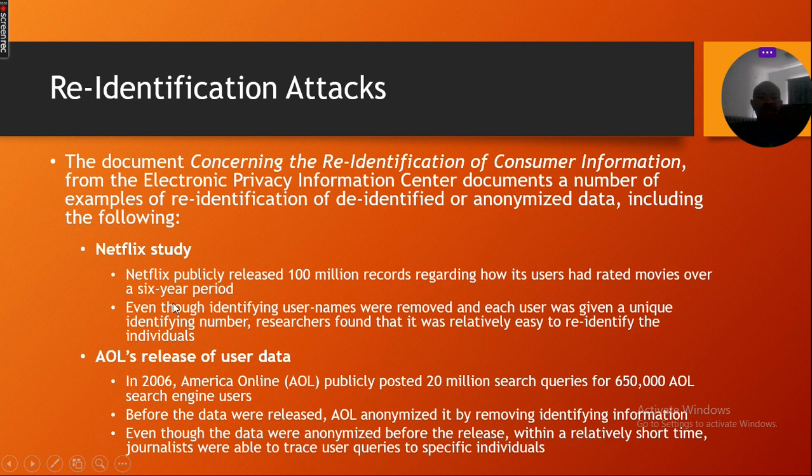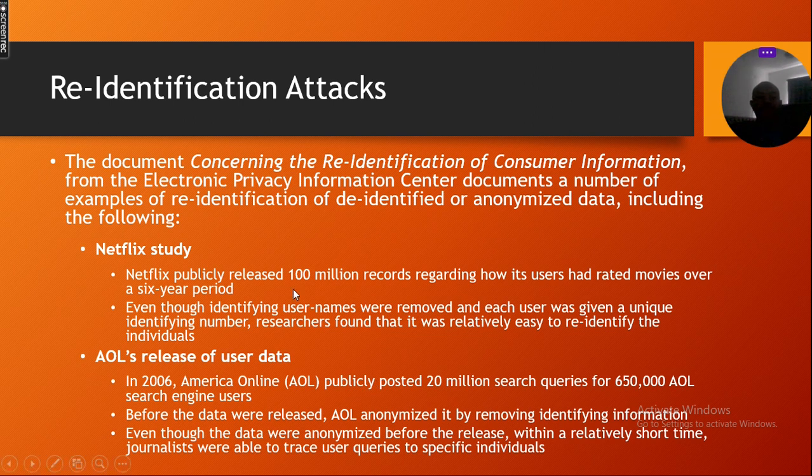Netflix released 100 million records regarding how its users had rated movies over a 6 year period. Even though identifying user names were removed, all their names, all their addresses, all their zip codes were removed, and each user was given a unique identifying number, researchers found that it was relatively easy to re-identify the individuals.